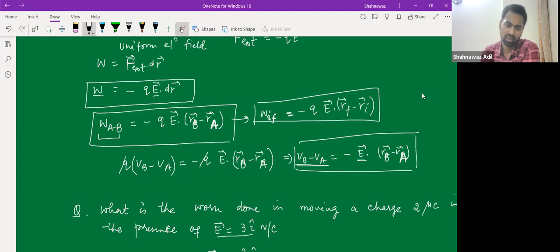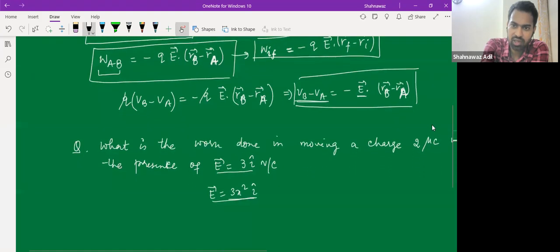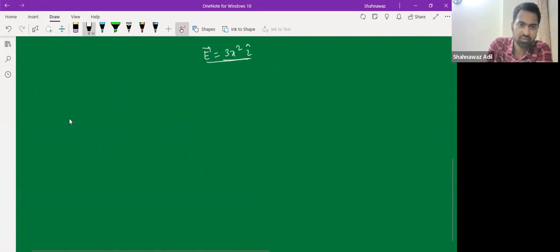Yes. So just remember this, that whenever we calculate work done in moving a charge from the initial point to the final point, this would be simply minus QE dot R final minus R initial.